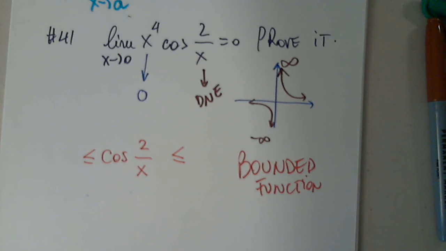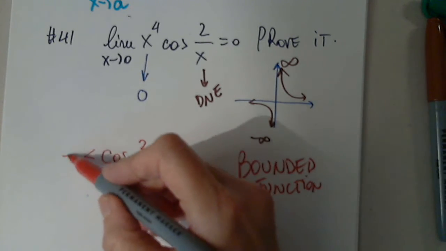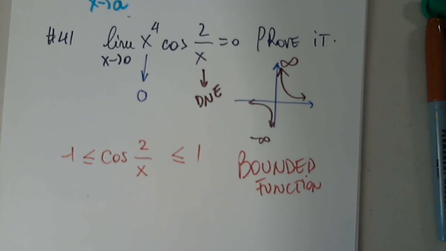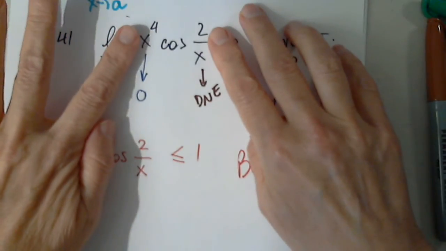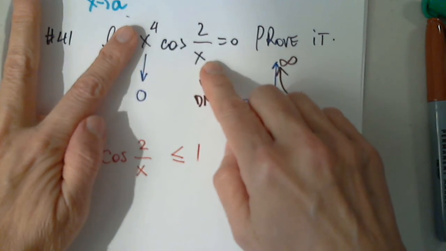What is the minimum possible value for cosine? What is the maximum possible value for cosine? No matter what. 1 and negative 1. Excellent. Very good. So as you see, the function I have to build is something times cosine.